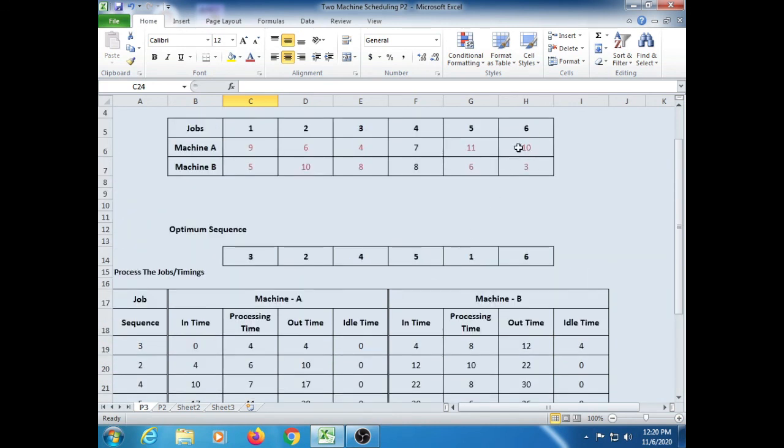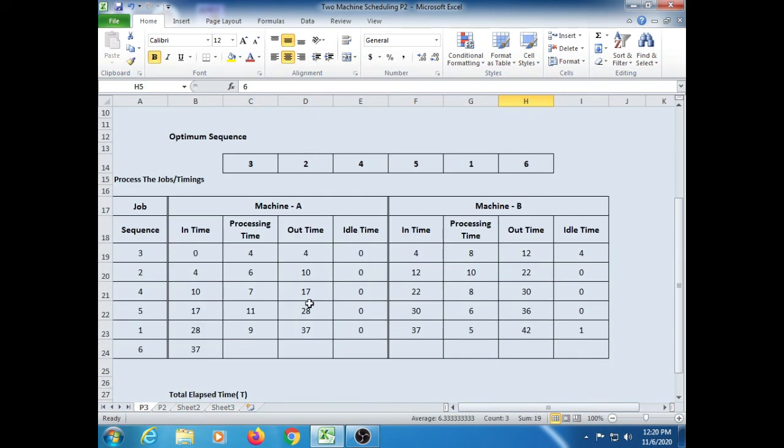For the 6th job, that is 10 and 3. So here we have to take 10, and here we have to take 3. Here we have to calculate the out time. So 37 plus 10, at the 47th hour we can complete the 6th job on machine A.